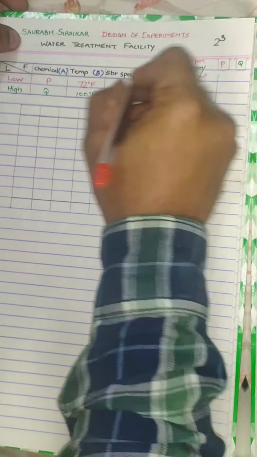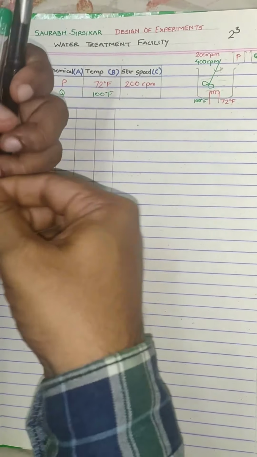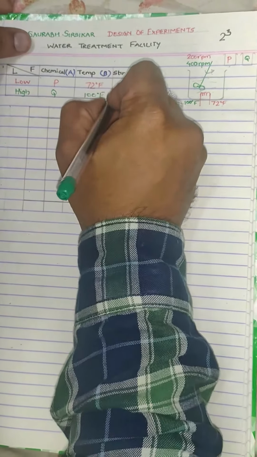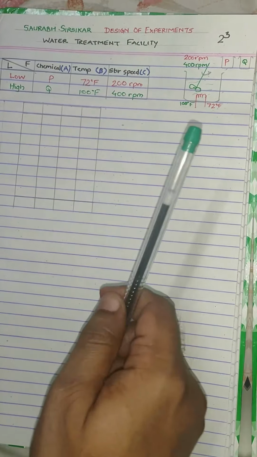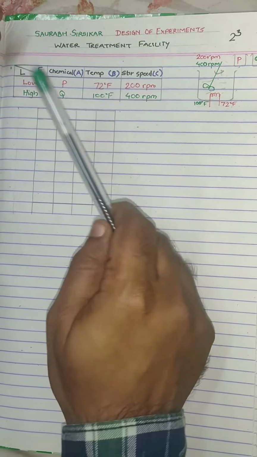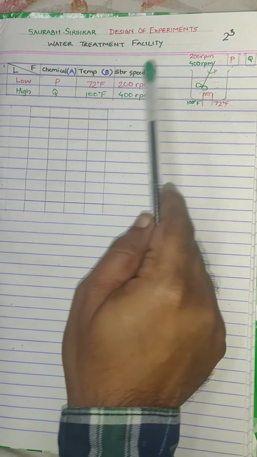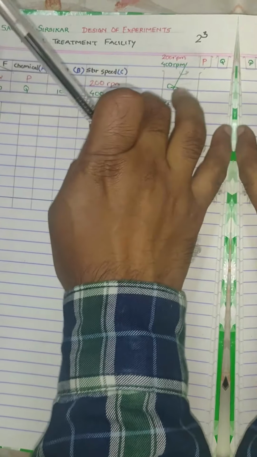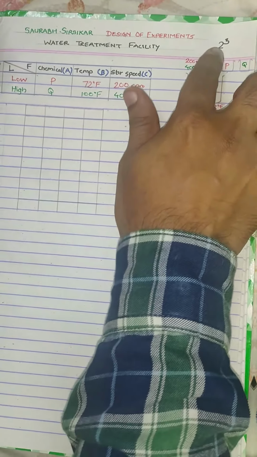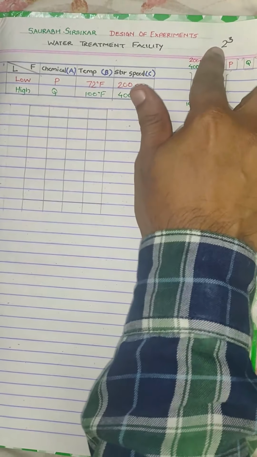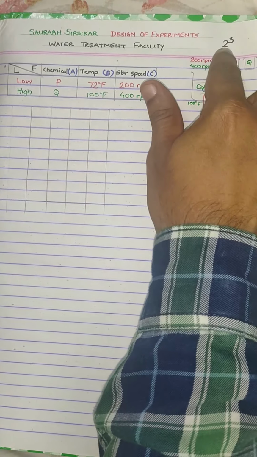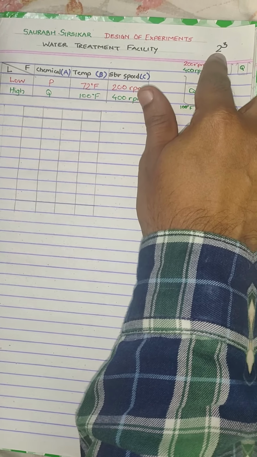Lower level can be 200 rpm and higher level will be 400 rpm. So you can see here that we have these three factors, each factor having two levels. This makes the entire thing a 2 raised to 3 experiment, that is 2 levels and 3 factors. So we will be having 8 runs.